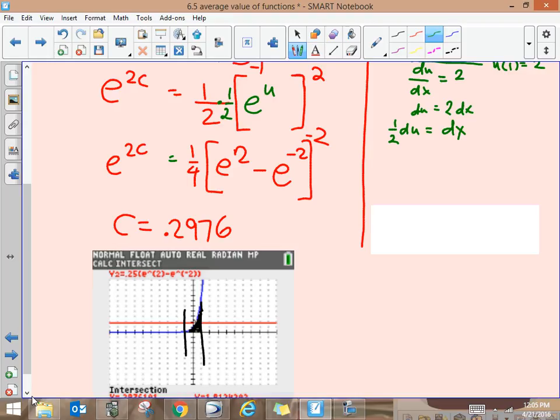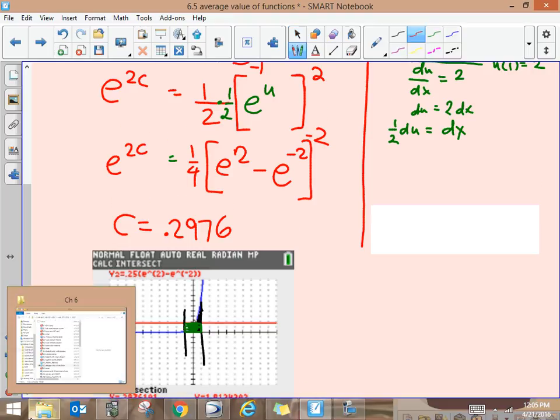So my height is about right there. This has about the same area as the black. It was probably a little taller because of my fat pencil. The c is the x. The c is right here.